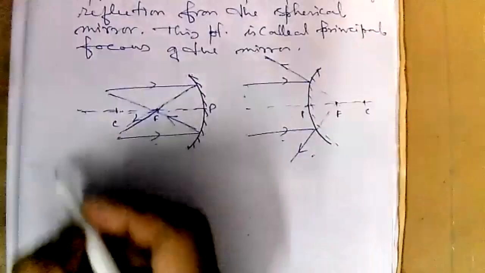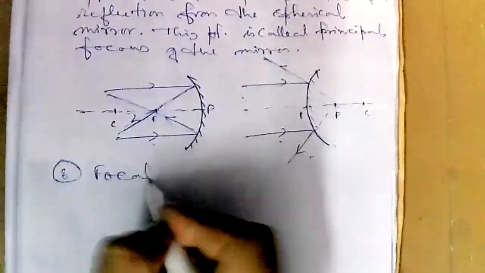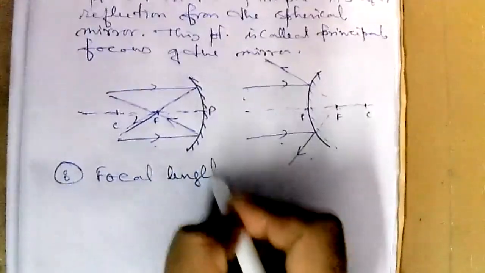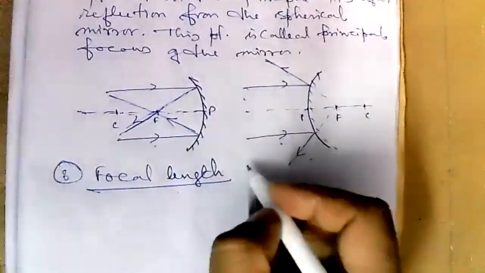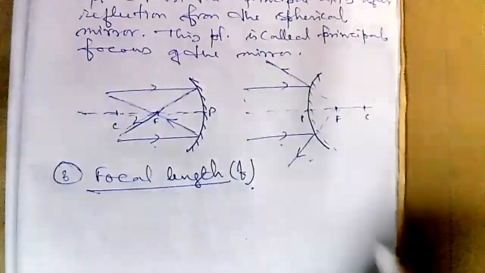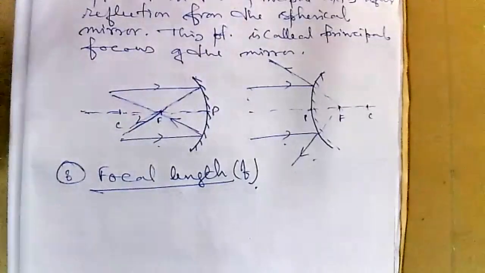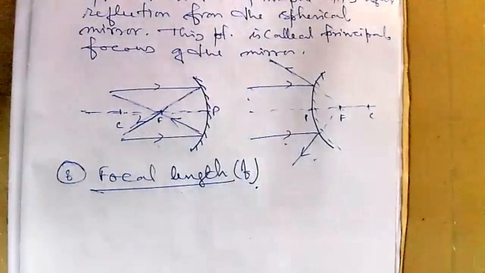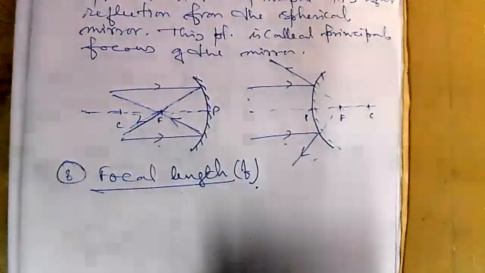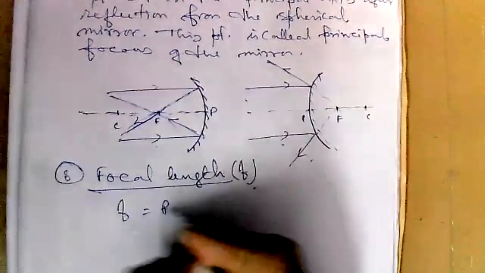Then comes focal length. It is symbolized by f. It is the distance between the focus and the pole of the mirror. f equals PF.